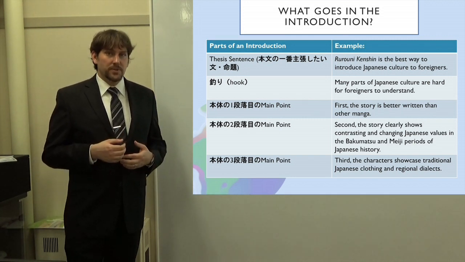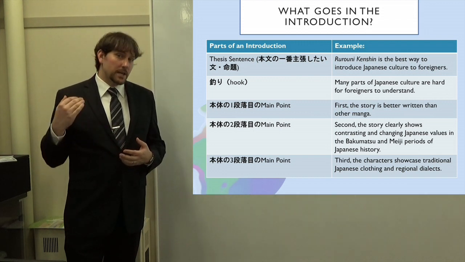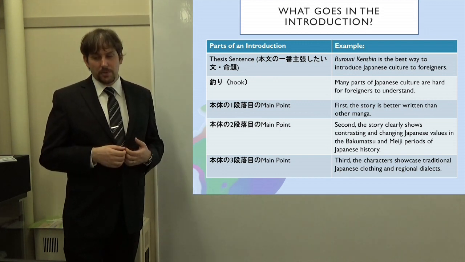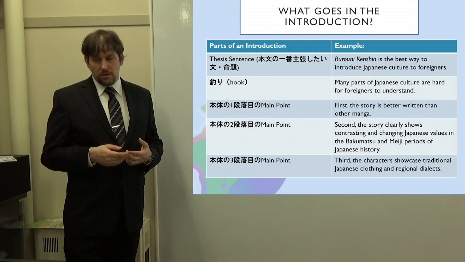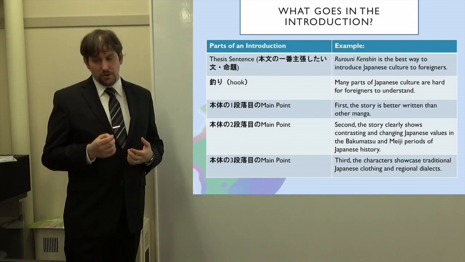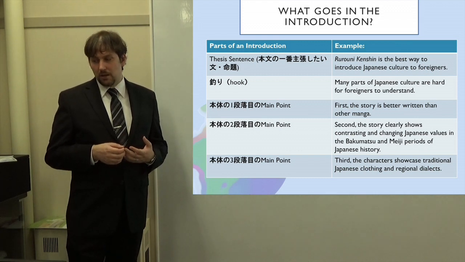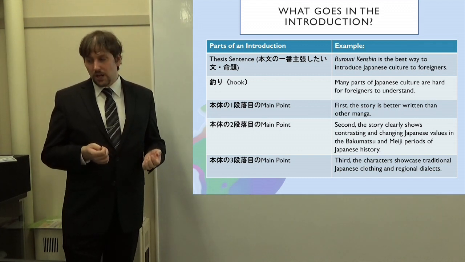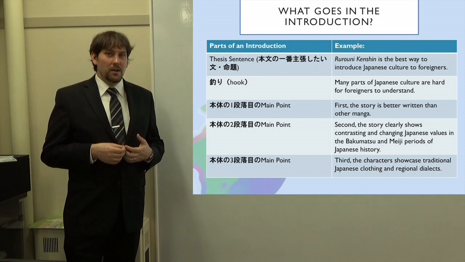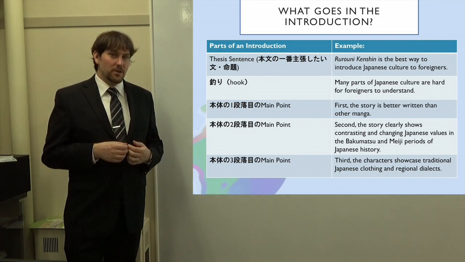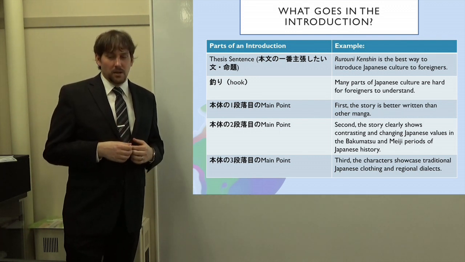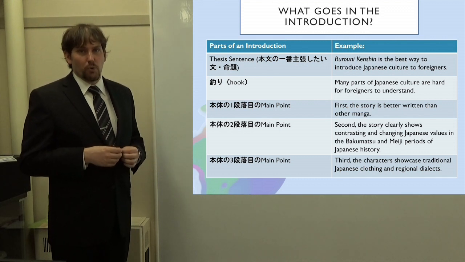The supporting claims are, first, that the manga is better written than many other Japanese manga. Second, the story clearly shows the contrasting and changing values in the Bakumatsu and Meiji periods of Japan. Third, the characters showcase traditional Japanese clothing and regional dialects, so they use different ways of speaking, and this helps us to understand what's going on there.